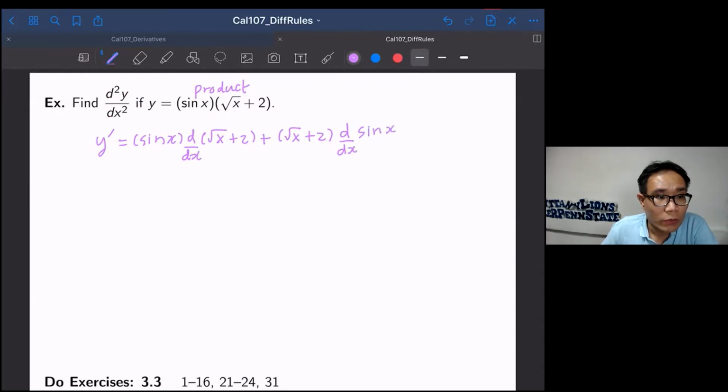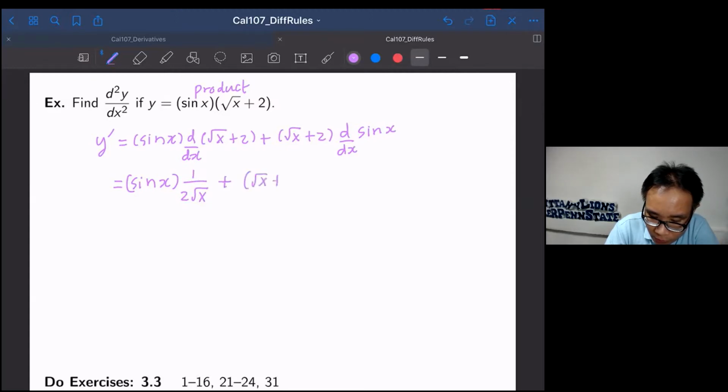After putting in the product rule, you differentiate root x plus 2, which gives 1 over 2 root x plus 2, and you differentiate sine x, which gives cosine x.